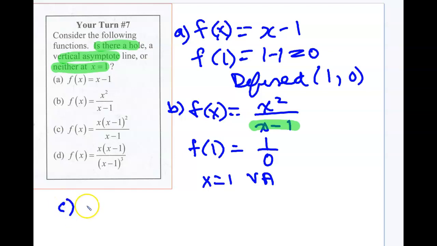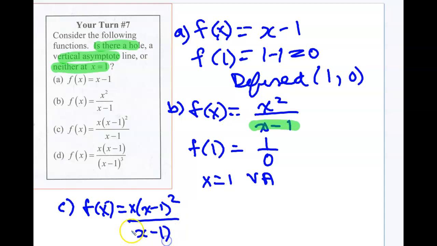Question C, we're given that f of x is equal to x times (x minus 1) squared over x minus 1. And notice if I was to plug 1 in, I would get 0 for this factor and 0 for this factor. So I would get 0 over 0, which makes it indeterminate. So now I would have to look at simplifying.